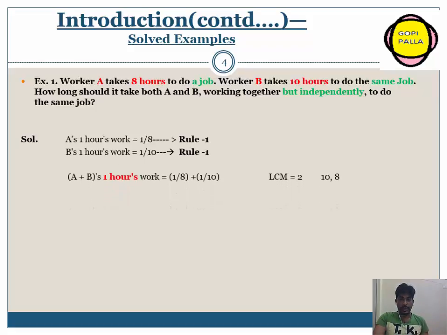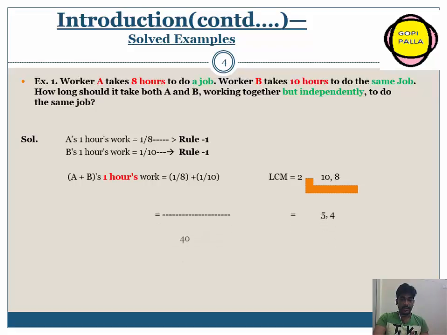So we need to calculate both together, that means A plus B's 1 hour work is the summation of 1 by 8 plus 1 by 10. We know how to calculate the ratios. We first calculate the LCM of the denominators, that is 10 and 8.